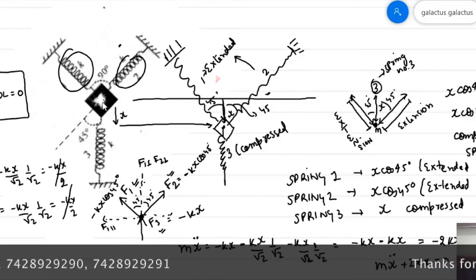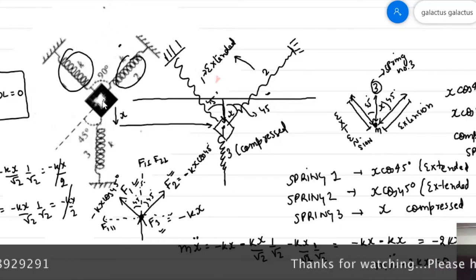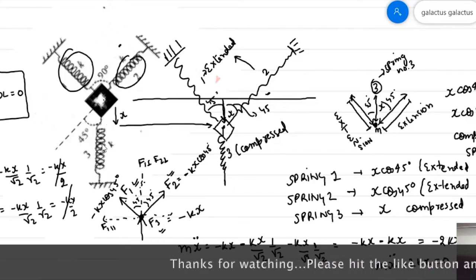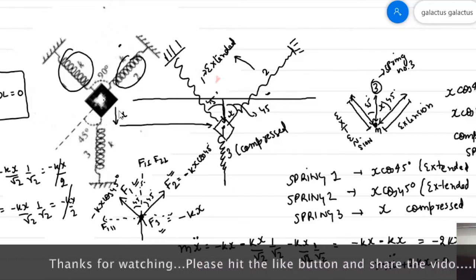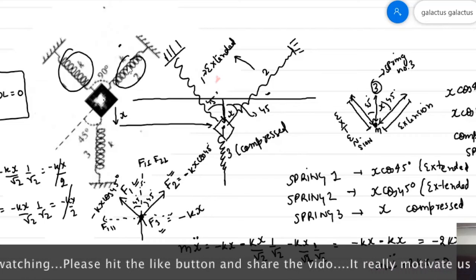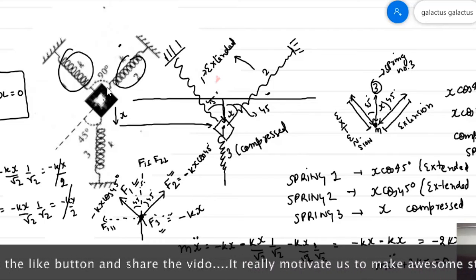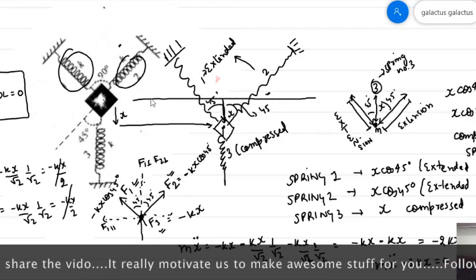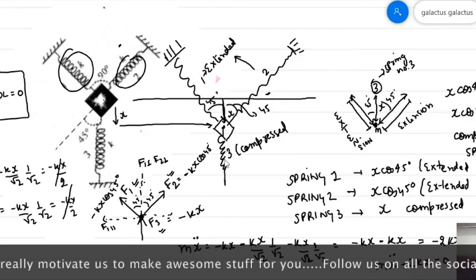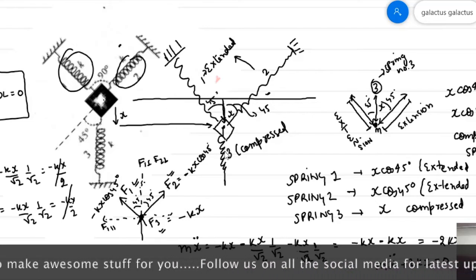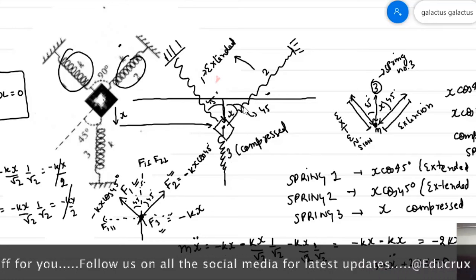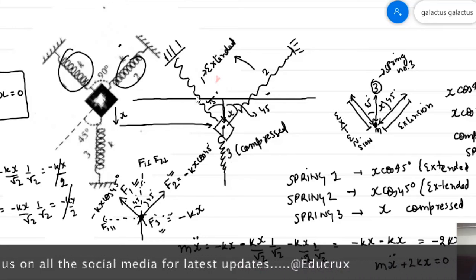If I displace spring number 3 in the downward direction by a distance x, then spring number 2 and spring number 1 will be extended like this. Spring number 3 will be compressed and springs 2 and 1 will be extended.